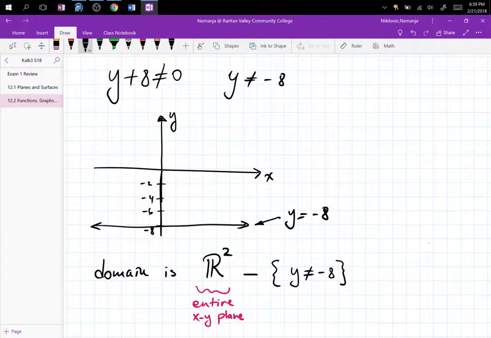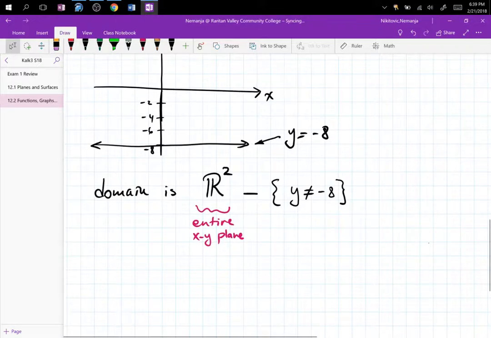That line is where all of the points that are not allowed to be in our set are. So that's the domain.